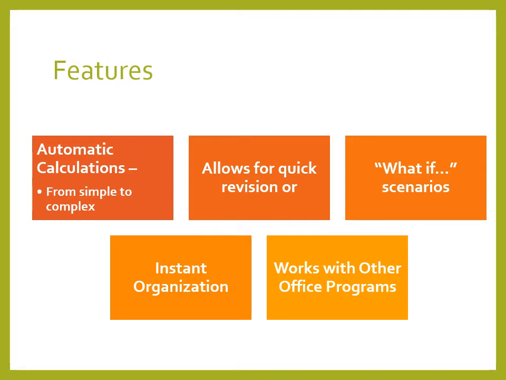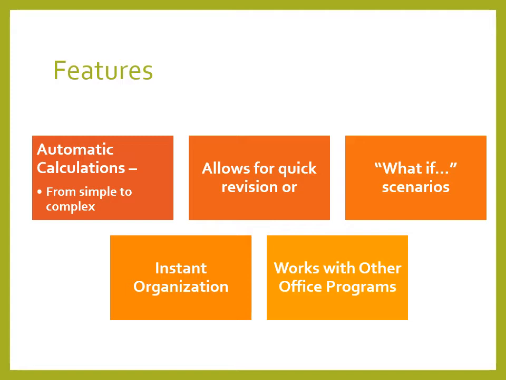Some of the amazing features in digital spreadsheets, that is, are the automatic calculations. So if you don't really like math that much, you're going to really like this part of Excel. Excel will allow you to enter numbers in and do the calculations for you. And these calculations can be anything from something very simple like adding things together to super complex statistical analysis. It also allows for really quick revision and what-if scenarios.